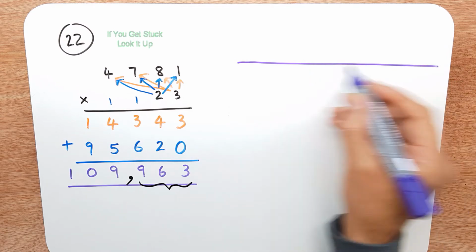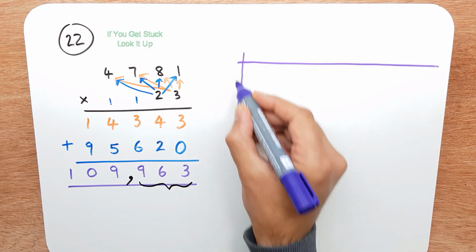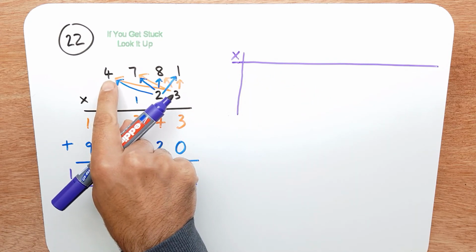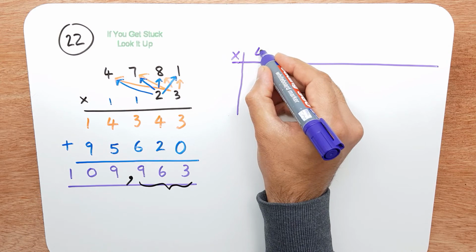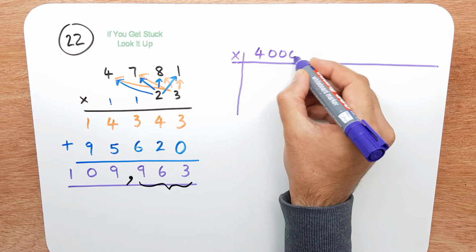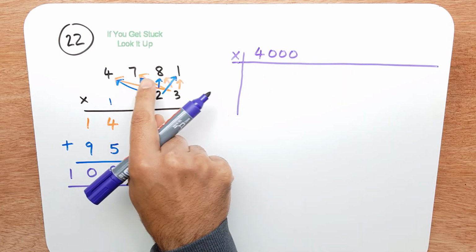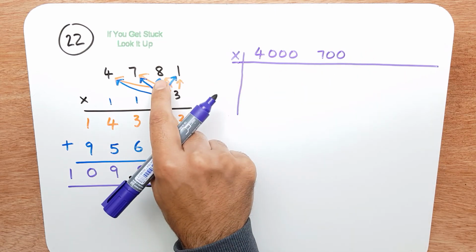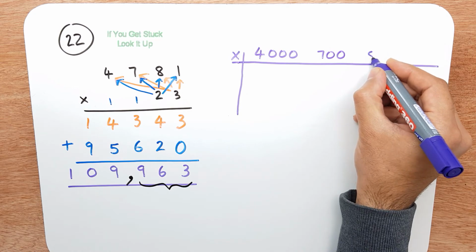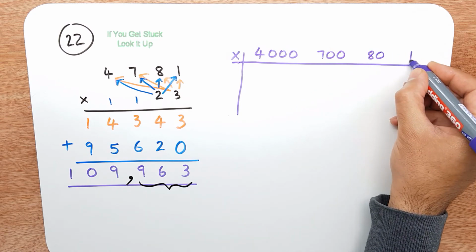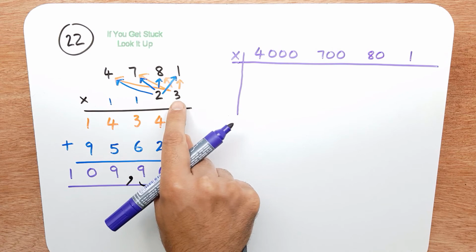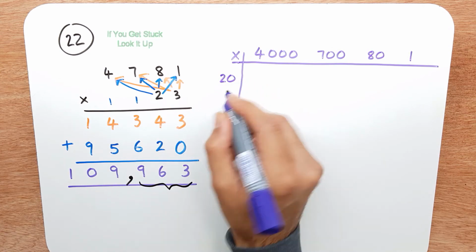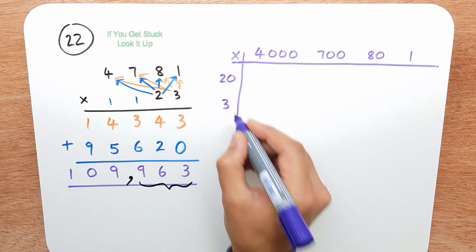Now I want to do this question using the grid method. So let's draw a grid. We have 4,781, and we have 23, so we're going to partition that as well into 20 and 3.